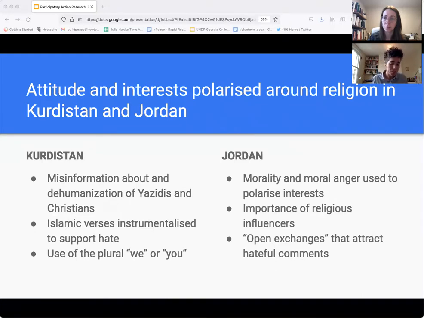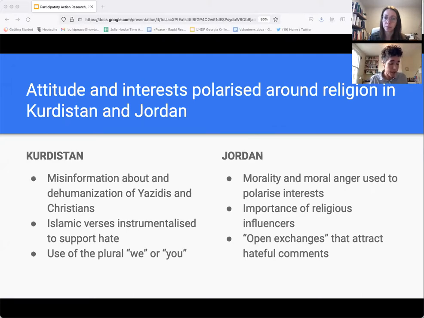And finally, they noted that many mainstream media pages often publish questions about other religions or share videos of people speaking against other religions. Where these posts are disguised as open exchanges, they attribute moral authority to one position and tend to attract comments only from those who agree, often leading to hateful or violent comments.